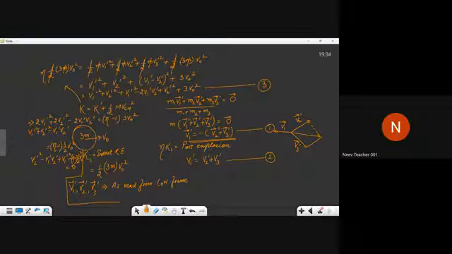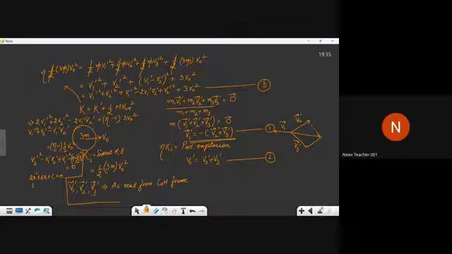Yes, sir. Now apply discriminant. Tell me what you are getting. Did you apply discriminant to this equation? So if you apply discriminant b square minus 4ac, what is the form? The form, remembered or not? Ax square plus bx plus c.